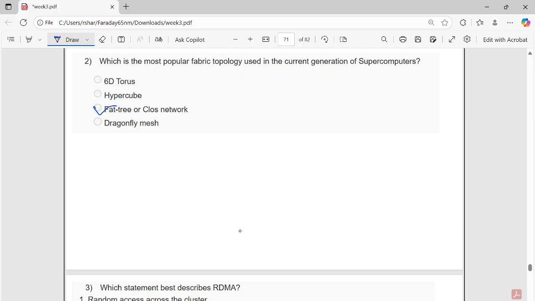This topology provides scalable, non-blocking, and high bandwidth connectivity, making it widely favored in modern HPC systems. The torus topology connects nodes in a multi-dimensional grid with a wraparound link, like we have seen.